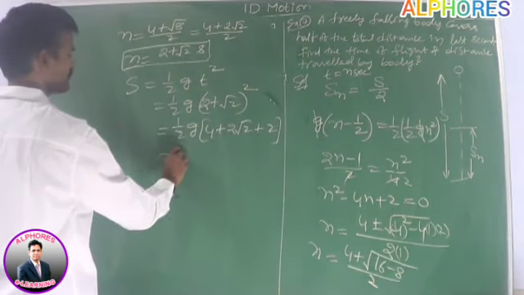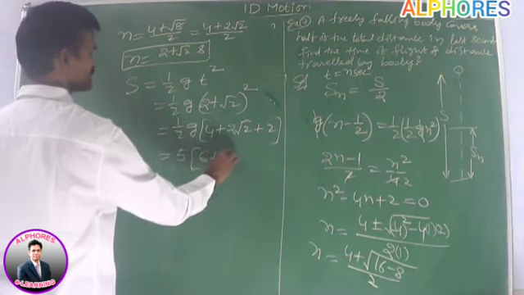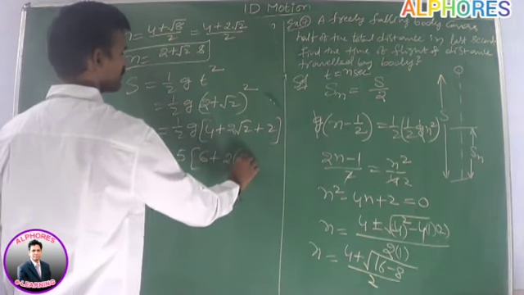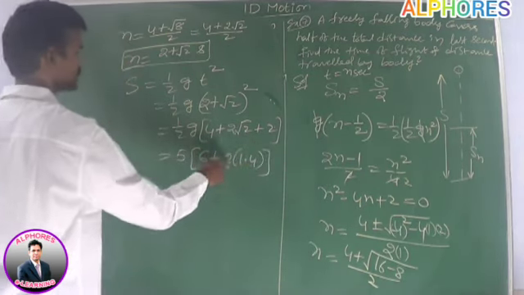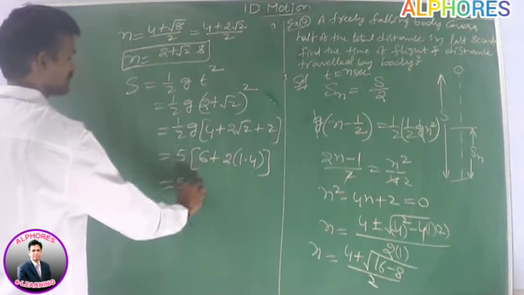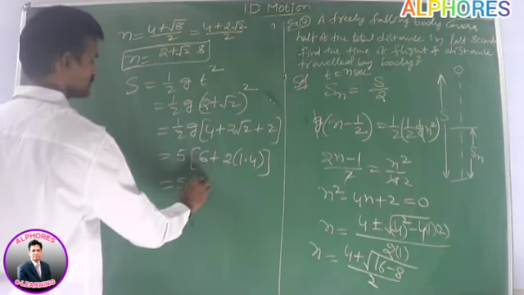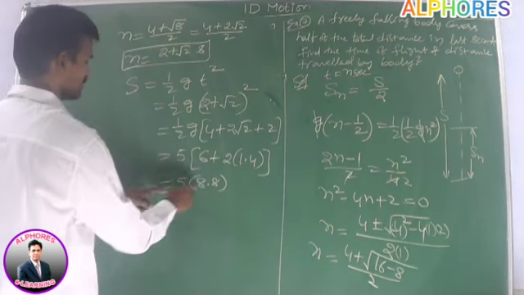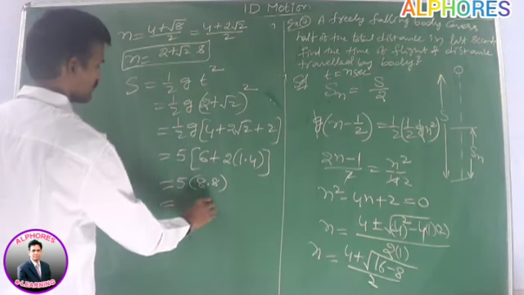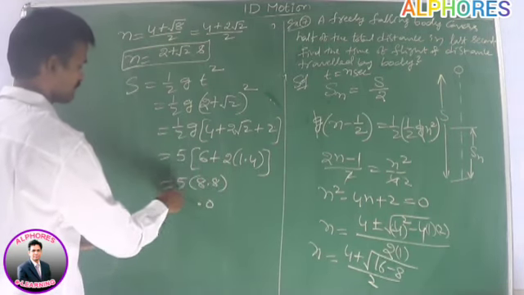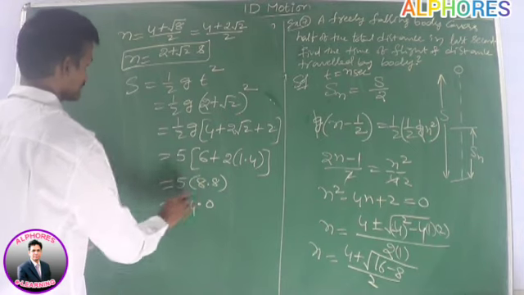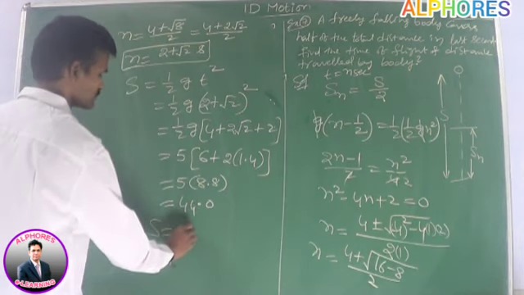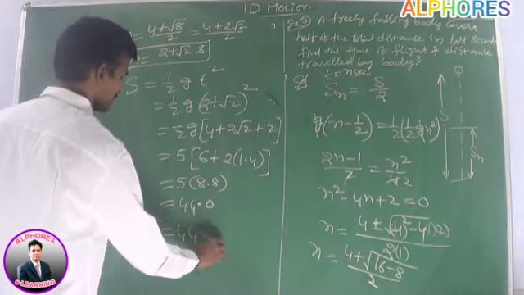This is 10 by 2, 5. 6 plus 2 into root 2, roughly 1.4, that is 2.8. 5 into 2.8 plus 2, nearly 8.8. 5 8s are 44, 40 plus 4, 44. So the distance travelled by the stone or body is 44 meters.